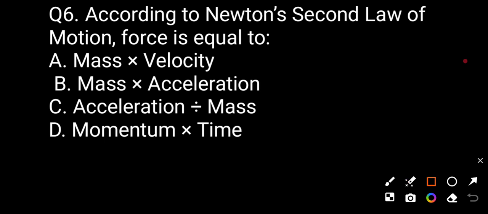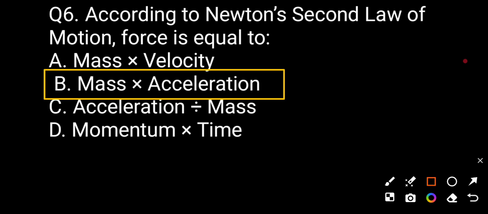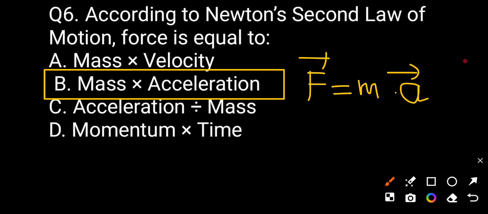The correct answer will be B, mass into acceleration. So force F is equal to m into a. Force is a vector quantity. So option B is correct.